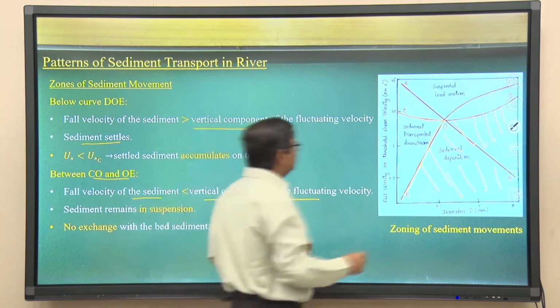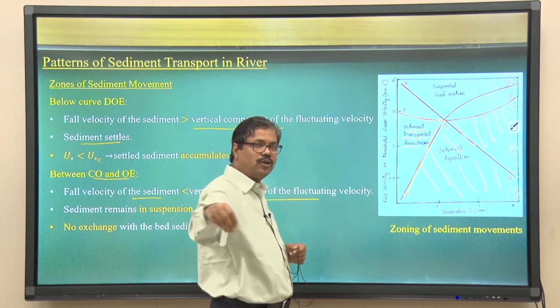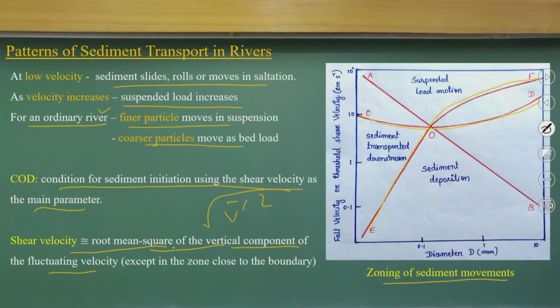That is the reason sediment is transported in the downstream direction. So, these are the regions where you will have sediment transport downstream. The sediment remains in a suspension state, with no exchange with the bed sediment.